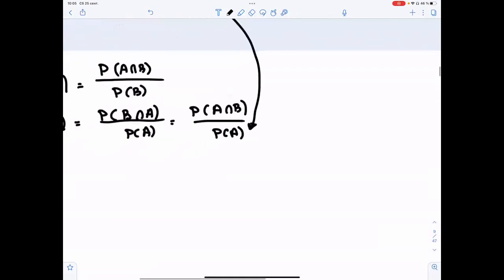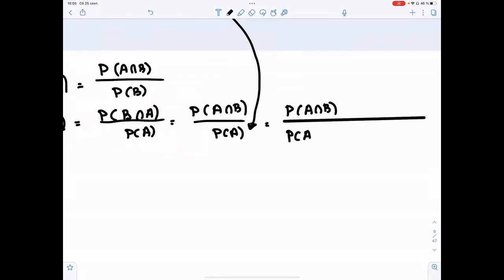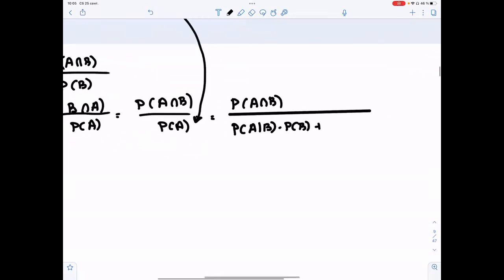If I do that, I'll get P of A intersected B divided by P of A given B plus P of A given B complement times the probability of B complement.